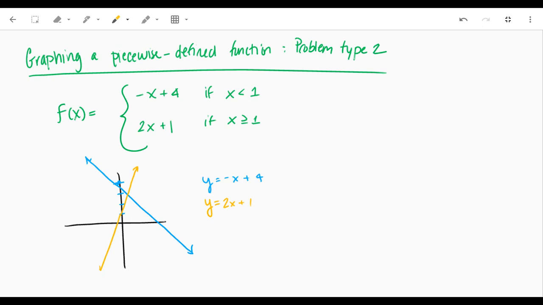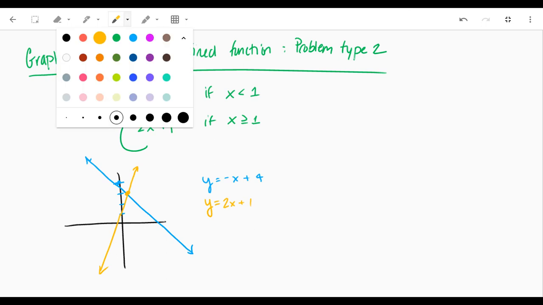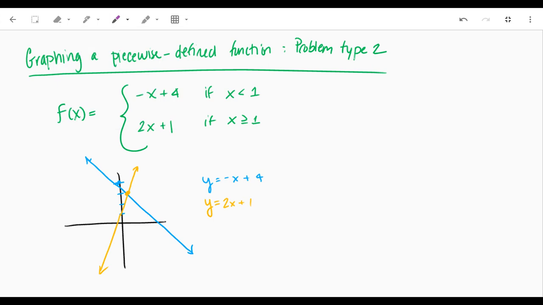One thing that I did not show very well is that they both go through this very important point at 1, 3. So they're both going through there. Now I want to just look at that first one, that -x plus 4 is only if x is less than 1.